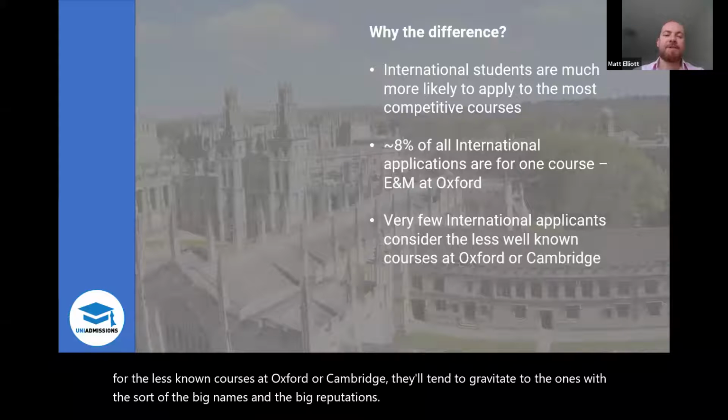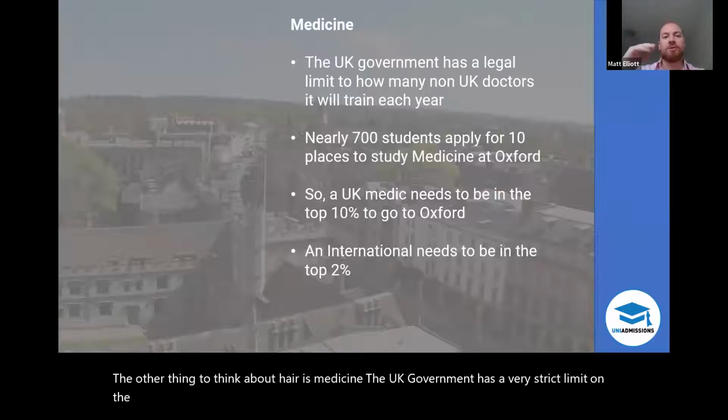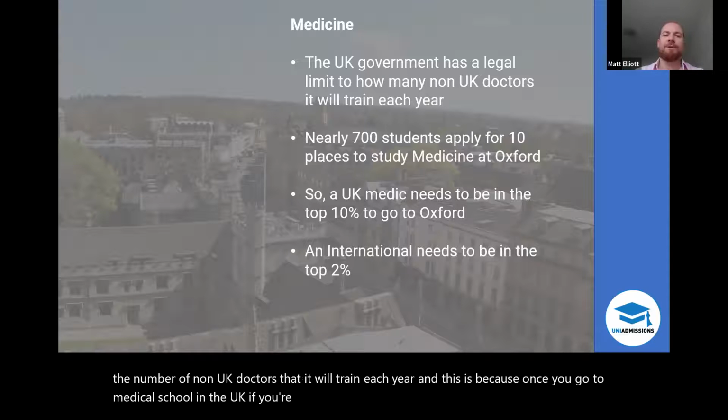The other thing to think about here is medicine. The UK government has a very strict limit on the number of non-UK doctors that it will train each year. This is because once you go to medical school in the UK, if you're a UK applicant, you are pretty much locked into spending a certain amount of time inside the NHS.